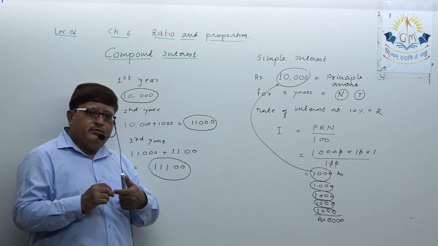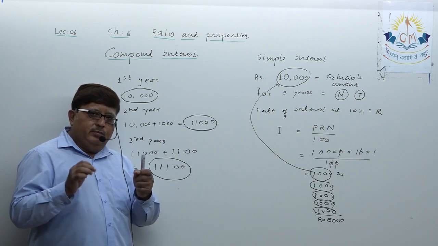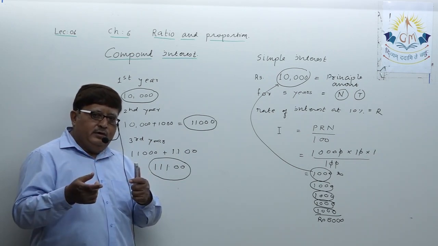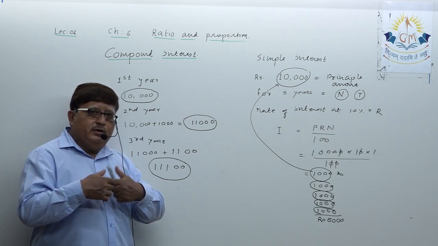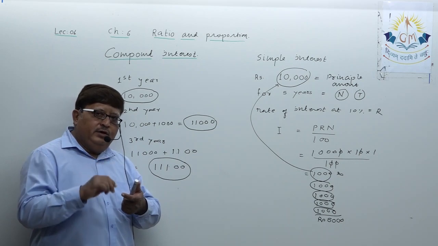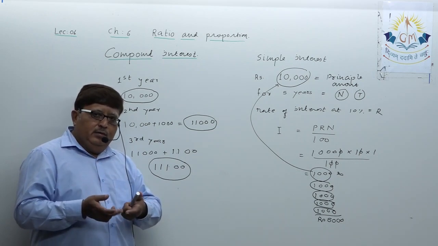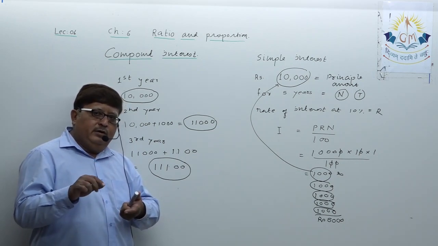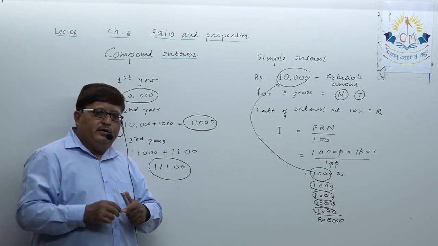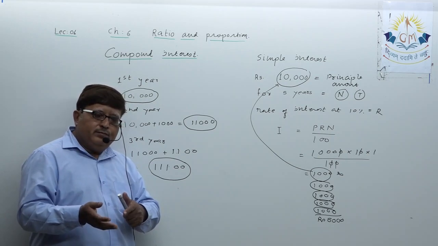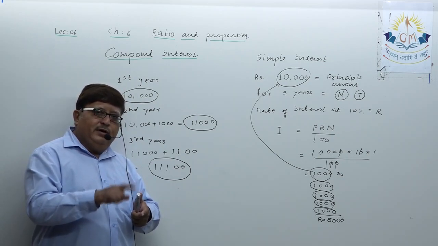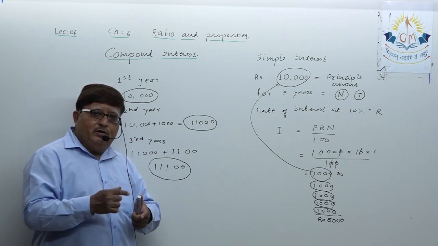That means first year the principal is fixed, but in the second year principal increases by addition of interest. In the third year principal increases by addition of interest of the second year. Fourth year principal increases by the addition of interest of the third year.